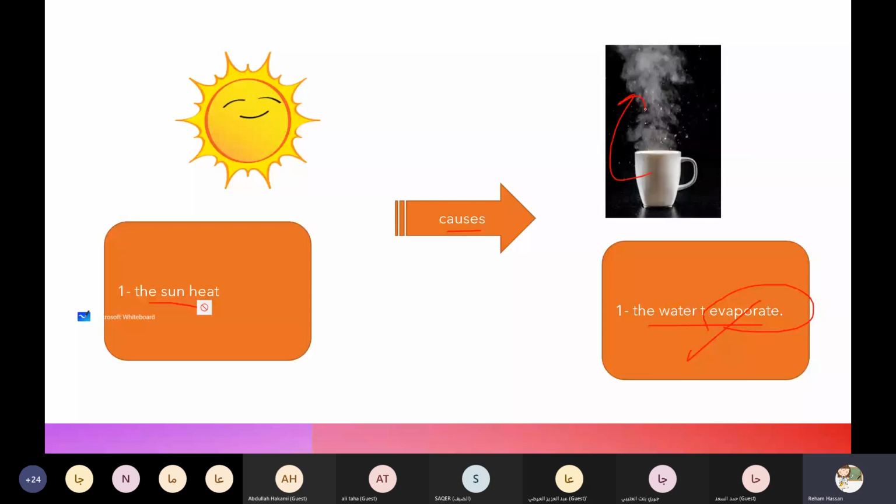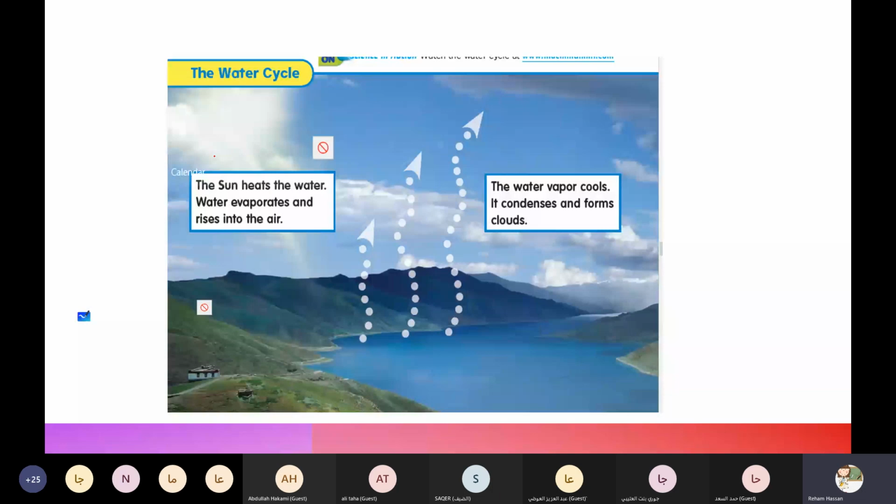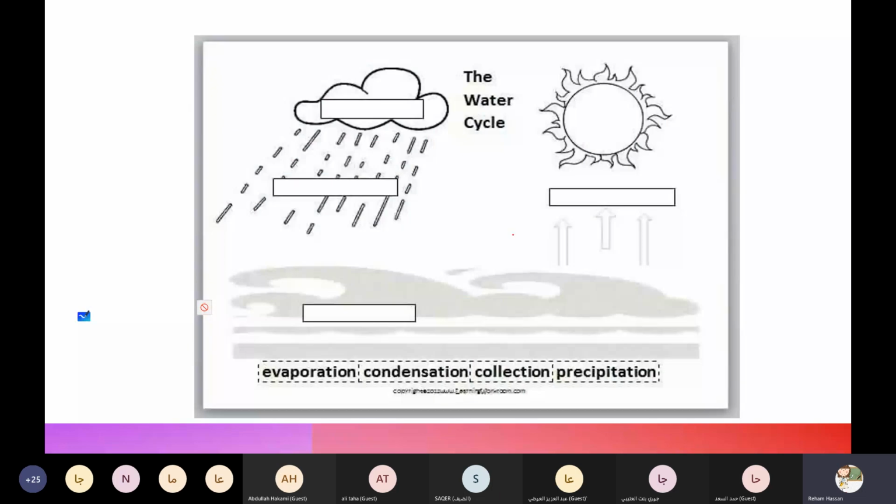The water rises into the air in the form of water vapor, and this water vapor cools and condenses and forms the clouds, and the clouds give us the precipitation and so on. Okay, honey? So we have steps in the water cycle: evaporation, condensation, and precipitation.